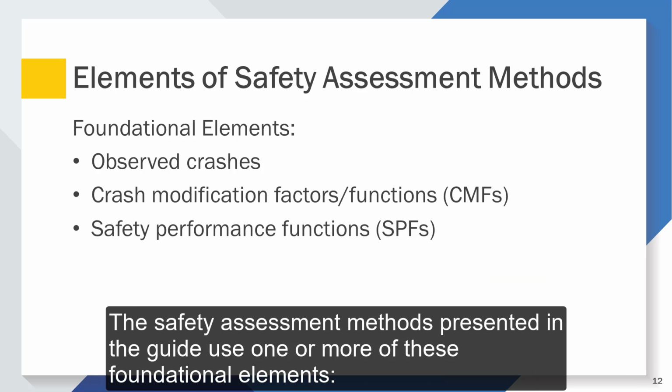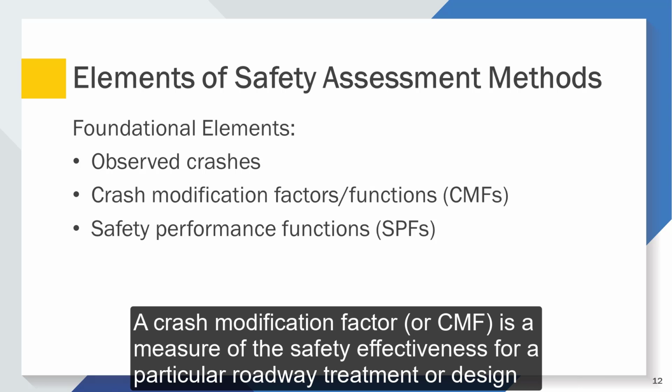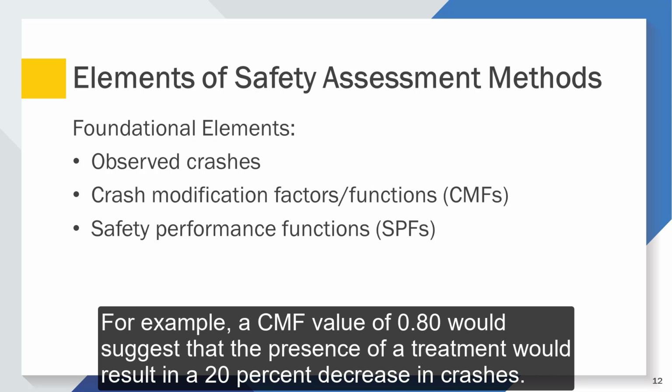The safety assessment methods presented in the guide use one or more of these foundational elements. Observed crashes refer to 1 or more years of crash history for a location. A crash modification factor, or CMF, is a measure of the safety effectiveness for a particular roadway treatment or design element. For example, a CMF value of 0.80 would suggest that the presence of a treatment would result in a 20% decrease in crashes.